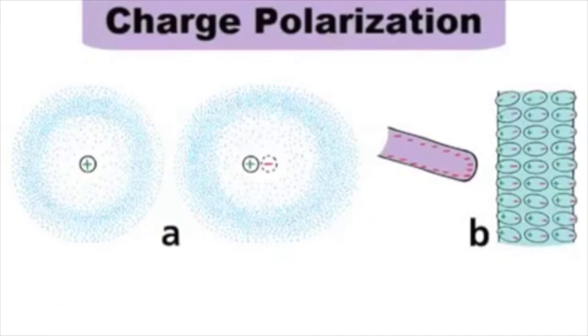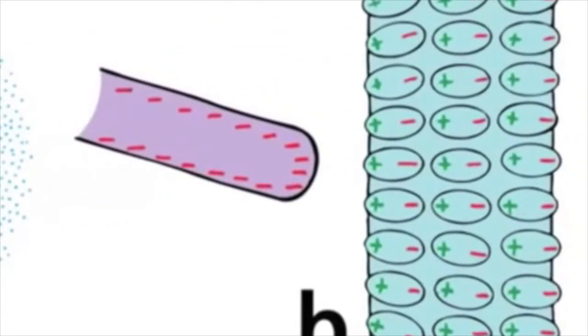Charging by induction is not restricted to conductors. Charge polarization can occur in insulators that are near a charged object. When a charged rod is brought near an insulator, there are no free electrons to migrate throughout the insulating material. Instead, there is a rearrangement of the positions of charges within the atoms and molecules themselves.